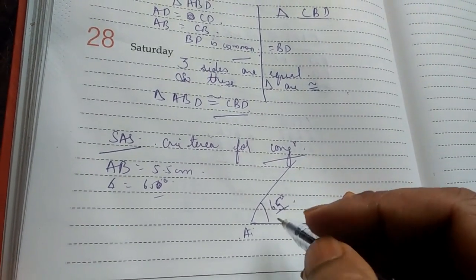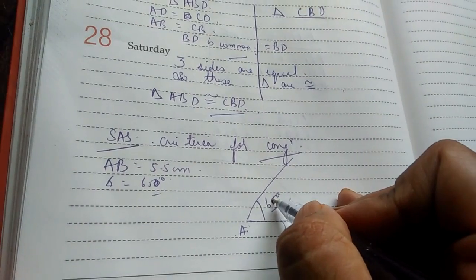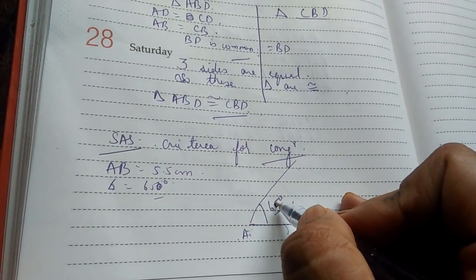One side and one angle is not enough to understand whether the triangles are congruent or not.